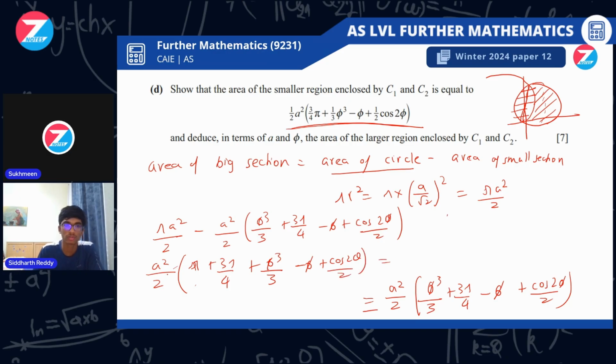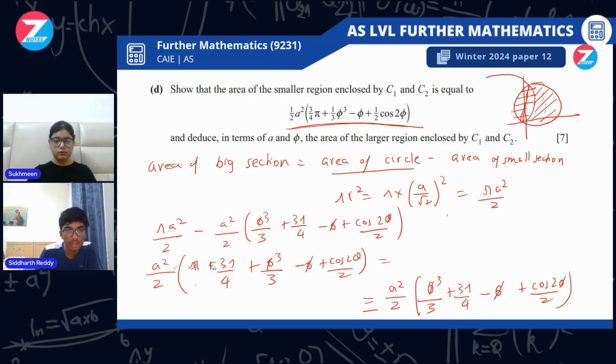So pi plus 3 pi by 4, actually this should be pi minus this, because it's pi a square by 2 minus this. So factoring, we have to add the minus sign. So it becomes a square by 2 into pi minus 3 pi by 4, that's just pi by 4, minus 5 cube by 3 plus 5 minus cos 2 phi by 2.